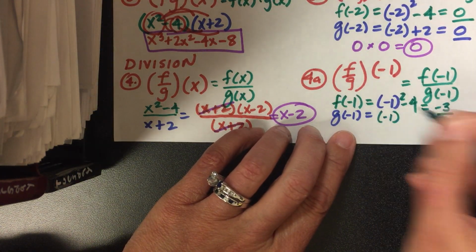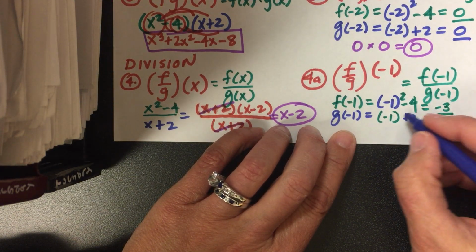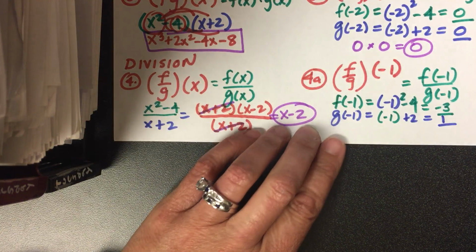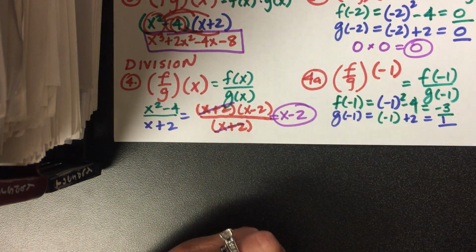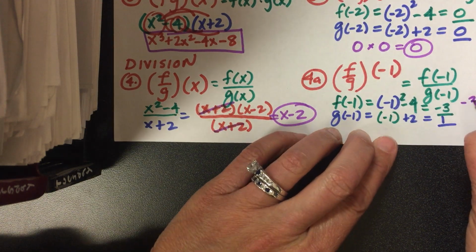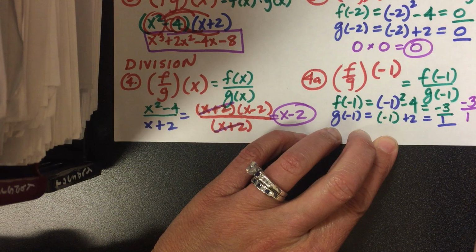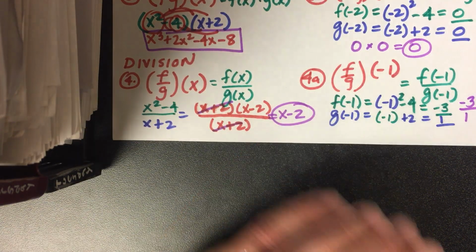So it'll be -1 plus 2, which is 1. So now let's do f divided by g. And f divided by g would be -3 divided by 1, which is -3. That's a negative. And that is your answer.